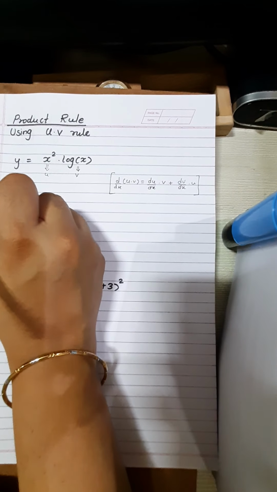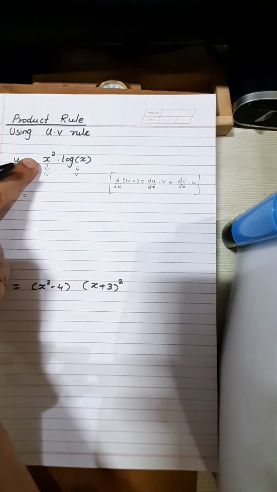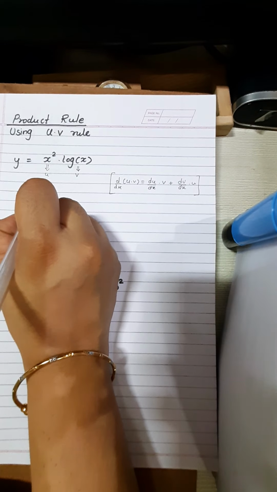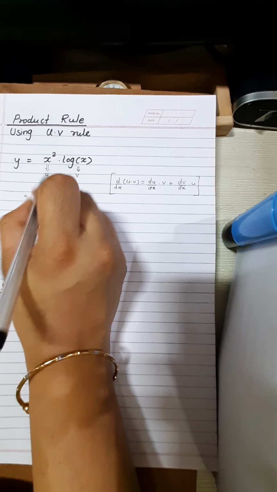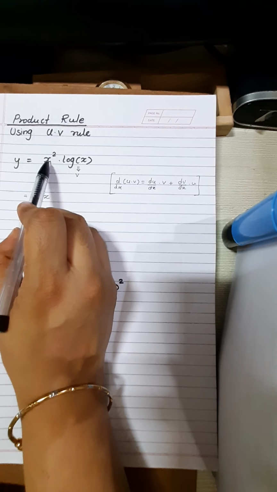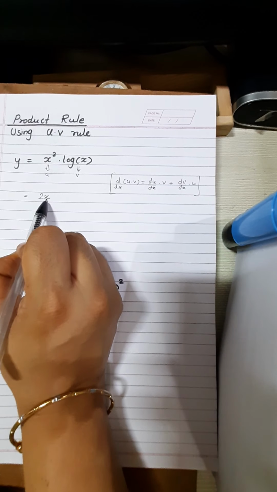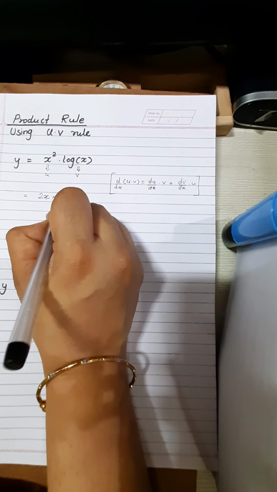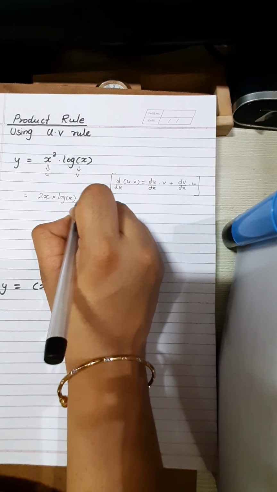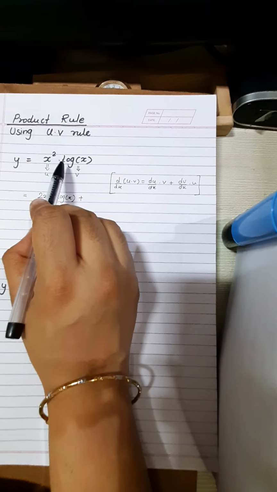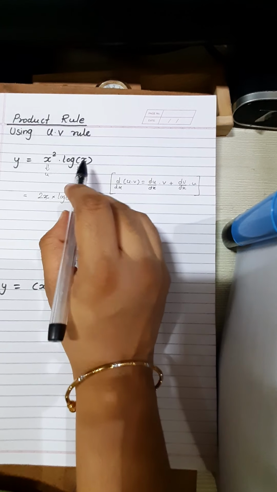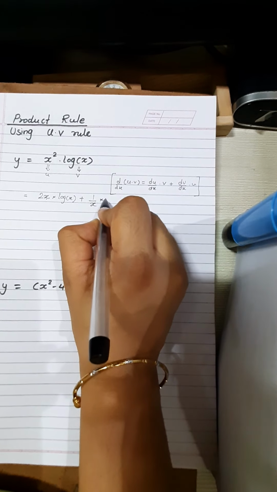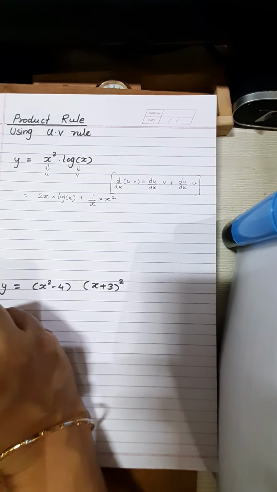So what we will do is first take the derivative of the first term, which is x square. You know this is an algebraic expression, so we can say it as 2x, that is bringing the degree down, x raised to 2 minus 1, which is 2x, into the second term as it is, which is log x, plus taking the derivative of the second term, which is log x, which is 1 upon x, into keeping the first term as it is.